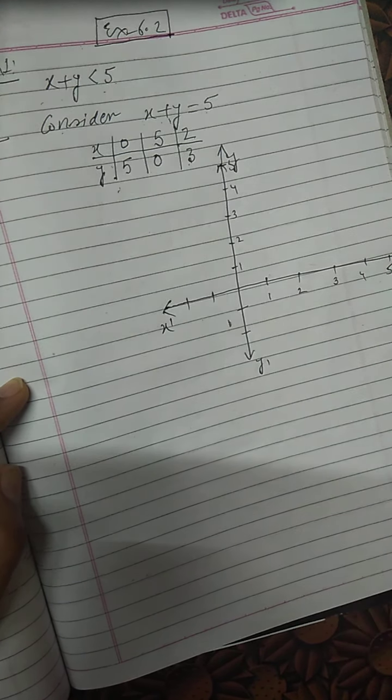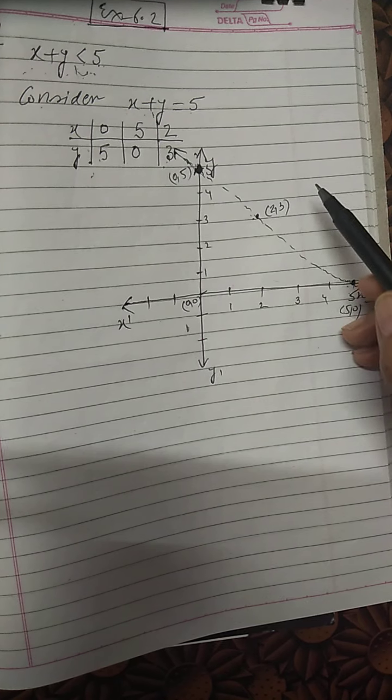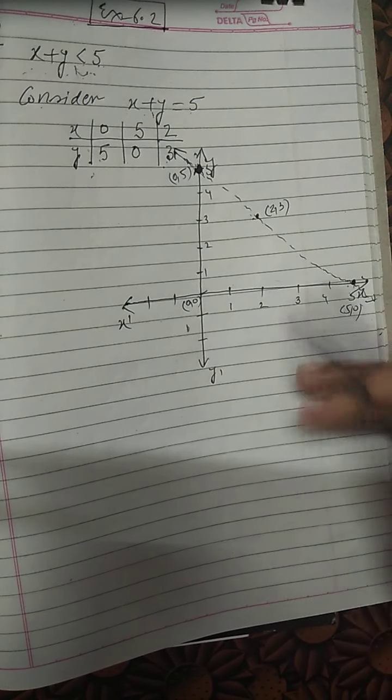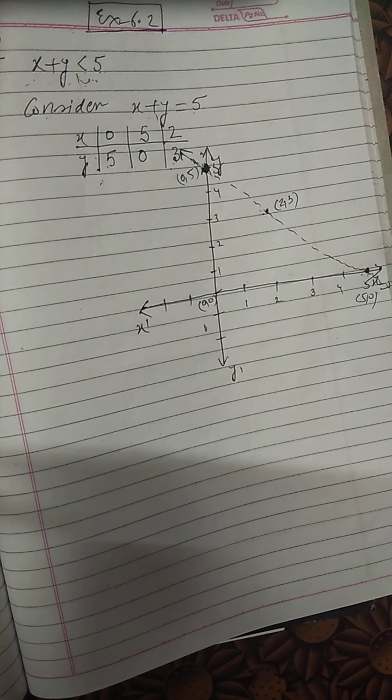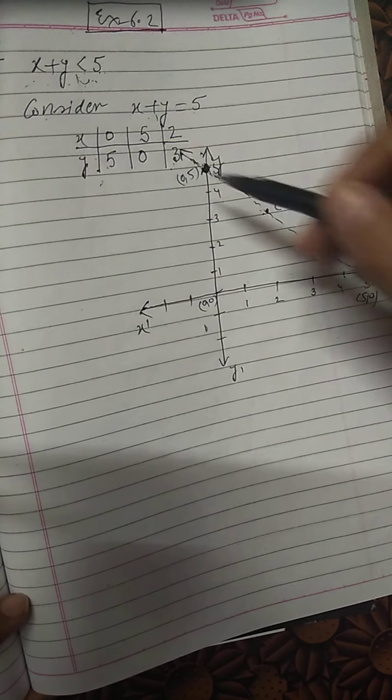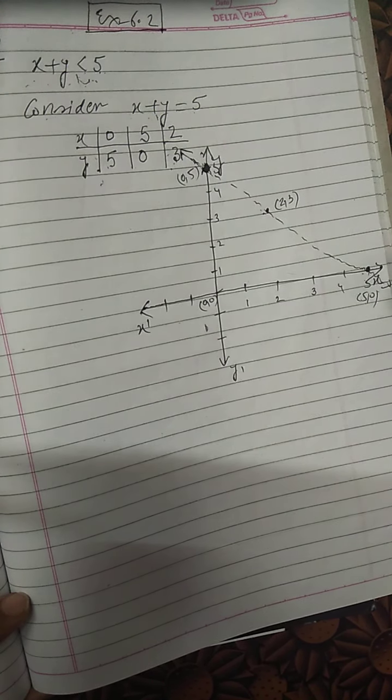Okay, now this line has divided the plane into 2 parts. The plane which is lying above the line, we will call it the upper half plane. The plane which is lying below the line is called the lower half plane. The easy way to check which part will be the solution is this: as this line is dividing the region into 2 parts, one part is having the origin, the other part, that means the part which is above the line, is not having the origin.